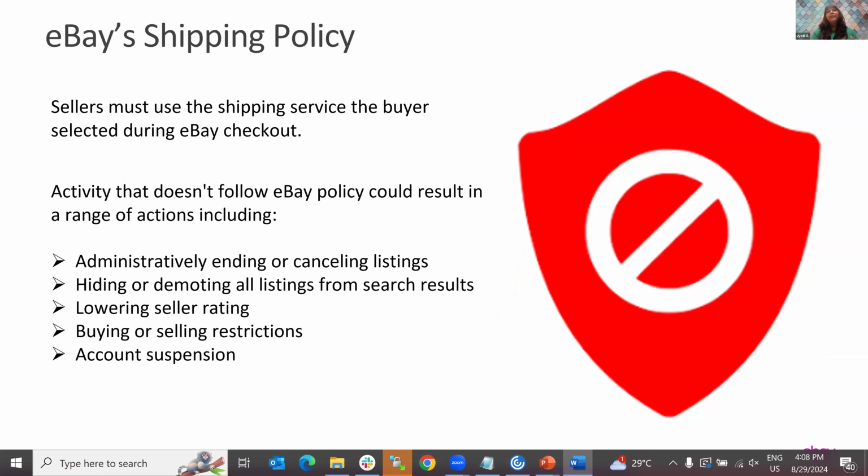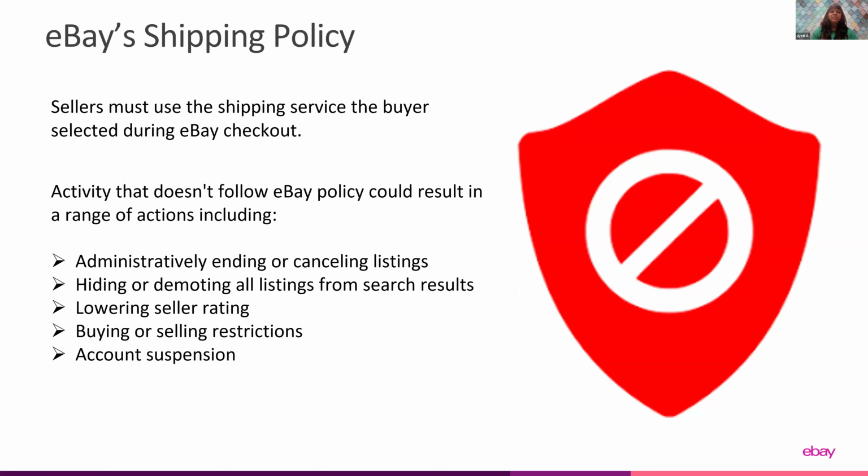If you do not abide by the policies that eBay has already set, such as ensuring that you specify the correct item location, you do not commit an error of item location misrepresentation, or even use wrong or incorrect shipping services and not the one that the buyer has completed the checkout with, it can result in eBay taking actions on your account, such as administratively ending or canceling listings, hiding or demoting all listings from the search results, possibly lowering your seller rating, or having buying or selling restrictions or even account suspensions, right?